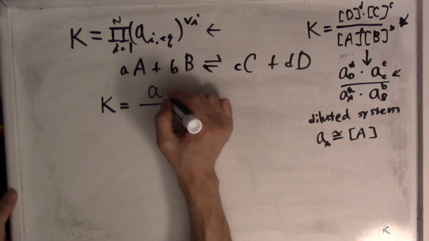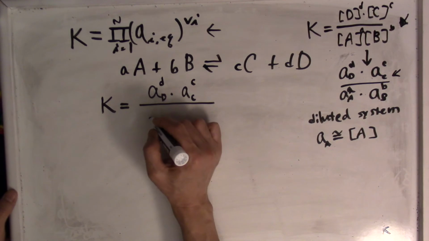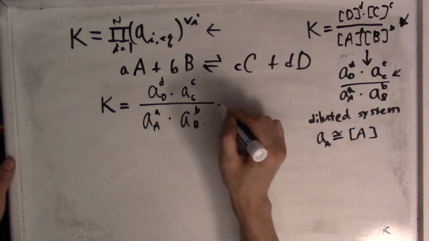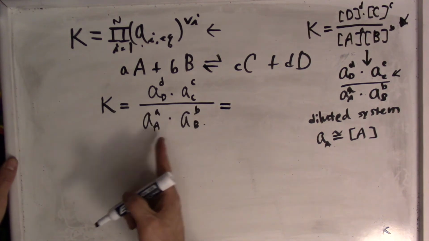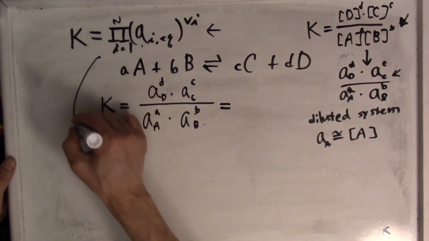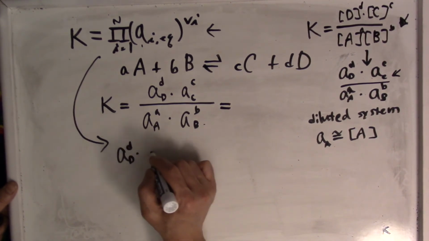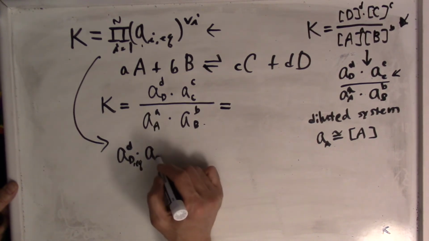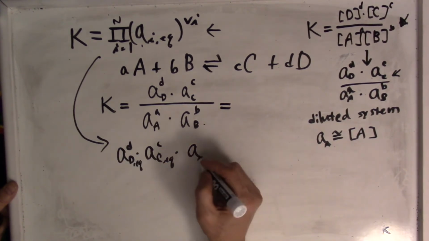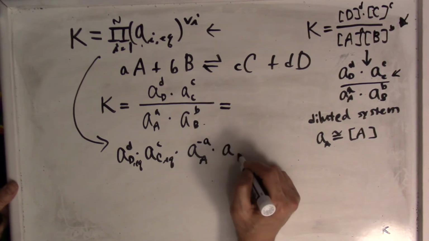Anyway, going back, this is what you learned: the activity of D to the d times the activity of C to the c, over the activity of species A to the a times the activity of species B to the b. Well, this is the same as a series of multiplications. So it's the activity of species D to the dth, times the activity of C to the cth, all at equilibrium, times the activity of species A to the minus ath, times the activity of species B to the minus bth.